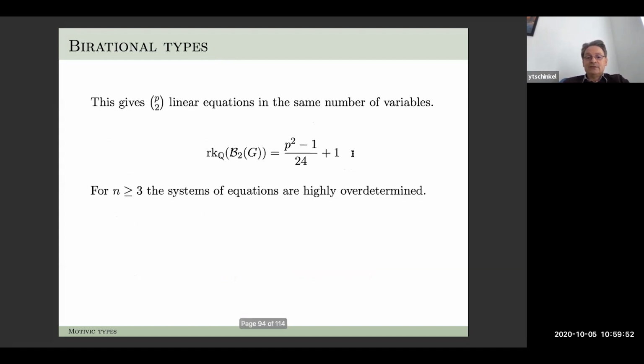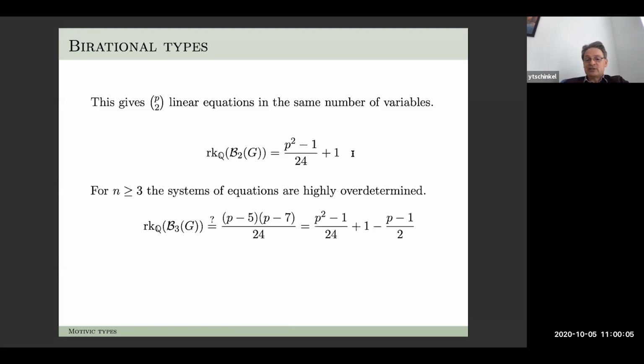Now, for n bigger than or equal to 3, if you want to compute B3 of Z mod P, then you find that the system of equations is highly overdetermined. And so it's really striking that we find this formula for B3 of Z mod P: (P minus 5) times (P minus 7) over 24, which is kind of the previous thing, minus (P minus 1) over 2.